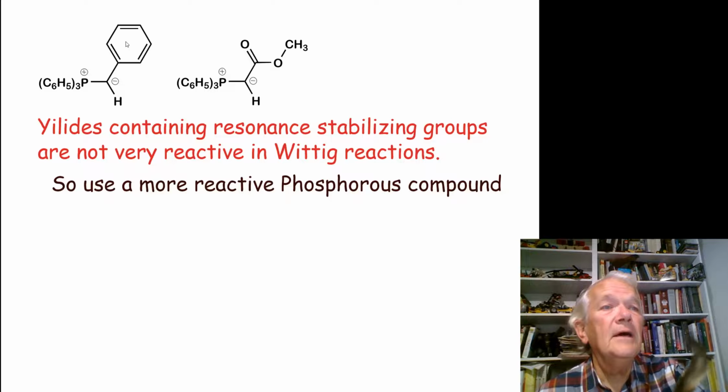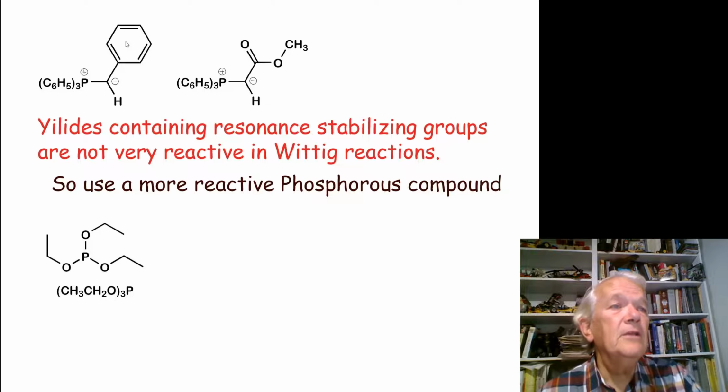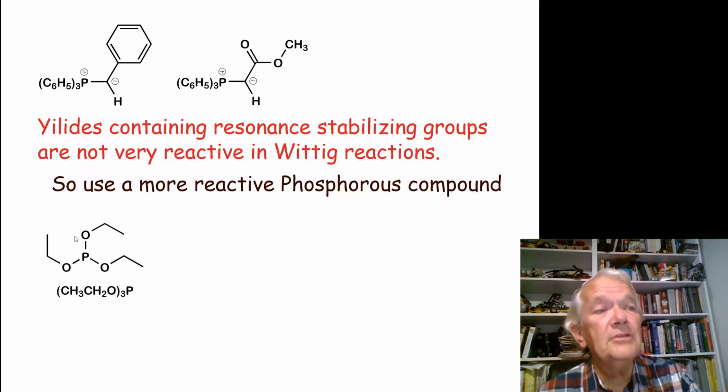And so what people do is they leave phosphines, and they go to these guys who actually are phosphonates. With that extra oxygen on there, it turns out it makes this whole thing much more reactive, because these are electron withdrawing, so that basically just increases the reactivity of the whole thing.